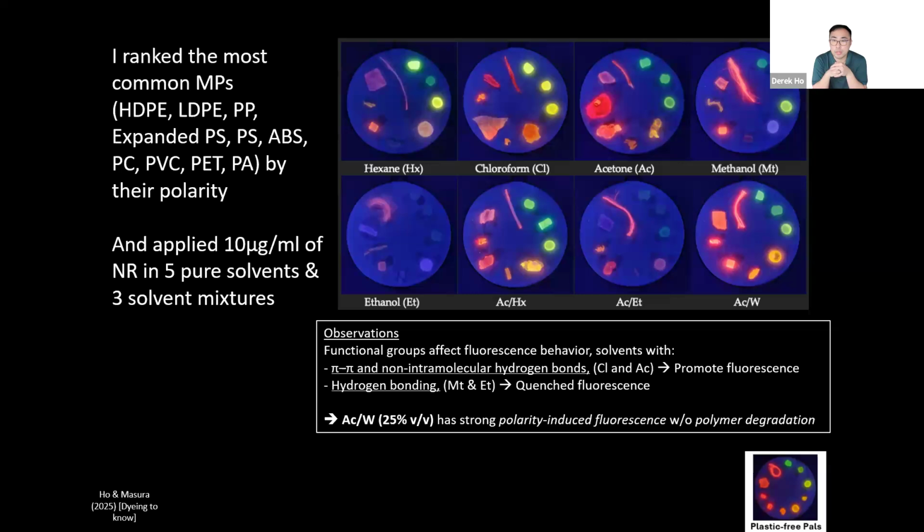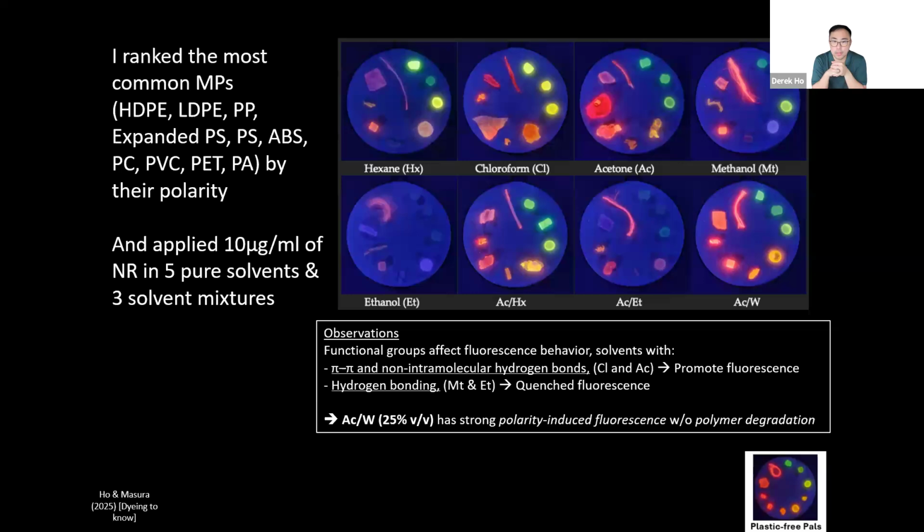Here we used 8 different solvent mixtures: hexane, chloroform, acetone, methanol, ethanol, acetone with hexane, acetone with ethanol, and acetone with water, to figure out which type of solvent works best.